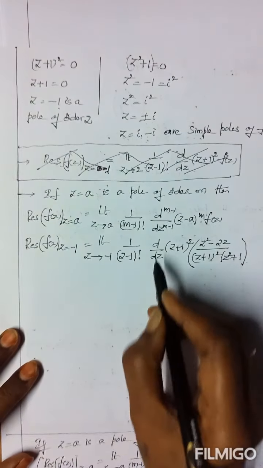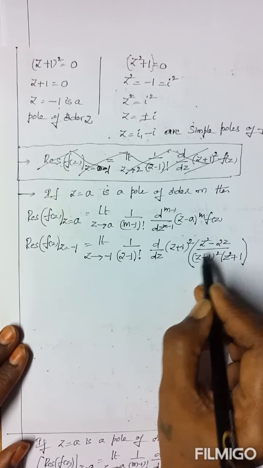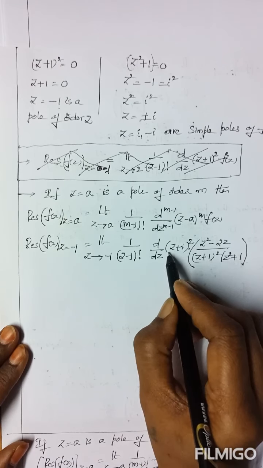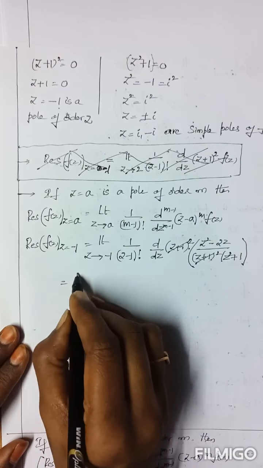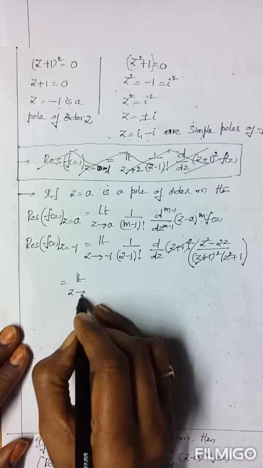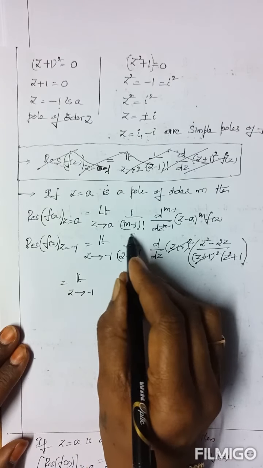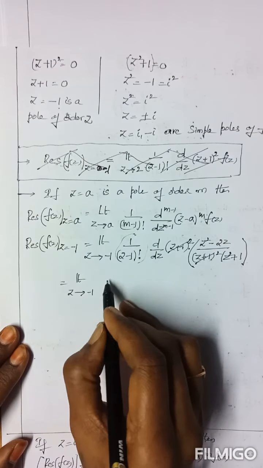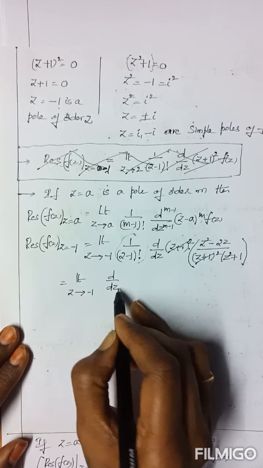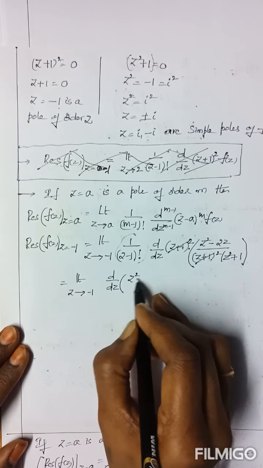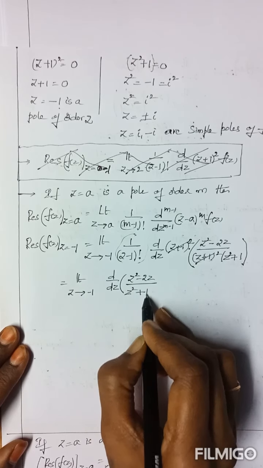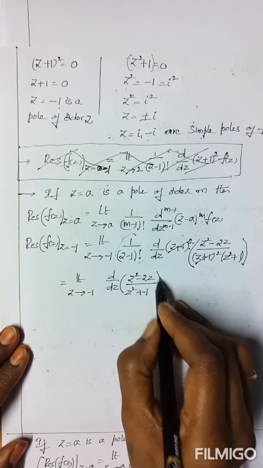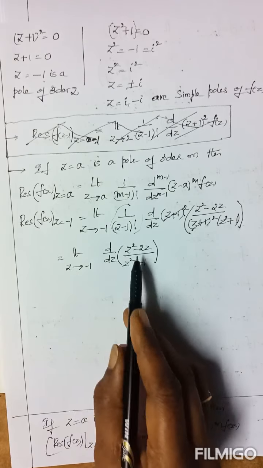Now this is purely a product relation, so we can cancel (z plus 1) whole square with (z plus 1) whole square. Limit as z tends to minus 1, the factorial part is equal to 1. So d by dz of the remaining part, (z square minus 2z) by (z square plus 1). Now differentiate this.